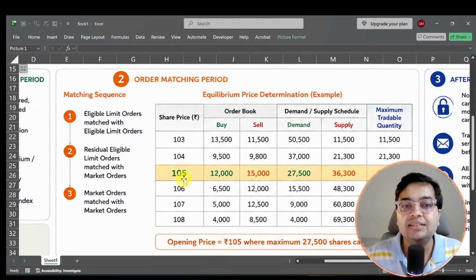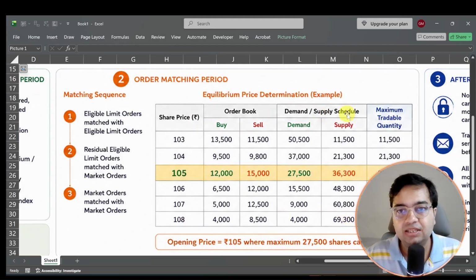Similarly, the sellers at 105, all the sellers at 104 and 103 would be included at 105 price point, making this 36,300. Subsequently, at 106, we have 48,300. At 107, we have 60,800. And 108, we have 69,300 for this particular case.